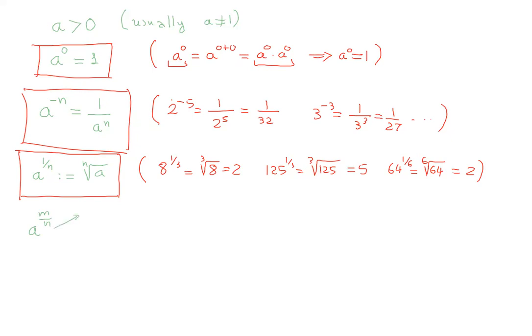So we could say that this is take the nth root of a and then raise it to the mth power, or take the mth power of a, and then take the nth root of that, so raise it to 1 over n. Both things are going to give us exactly the same result, but for most computations, especially if we can find a simple number, the first option is the better one.